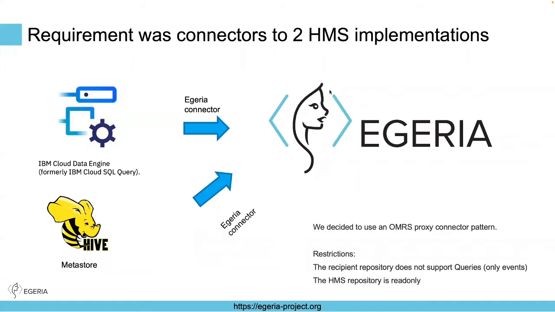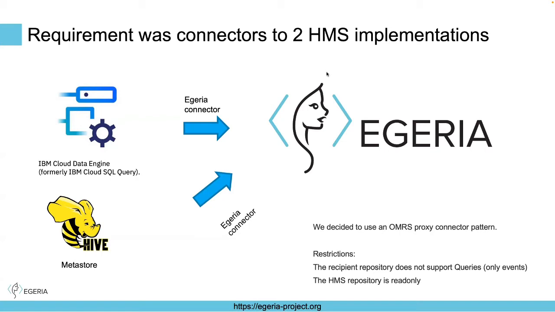So why did we start thinking about a caching pattern? Well, the requirement came to us that we wanted to be able to connect to the metadata in a Hive metastore. So not just the Hive metastore as supplied with Apache Hive, but also one in the IBM Cloud data engine, which provides a Hive metastore API.